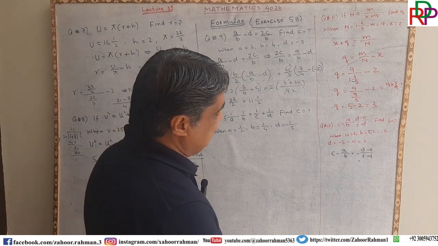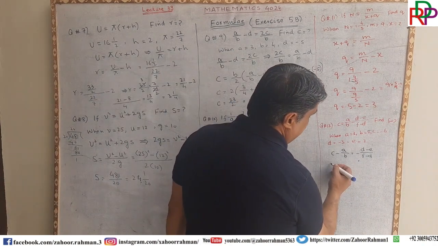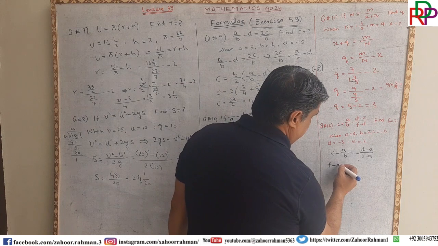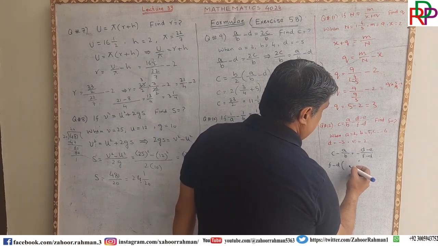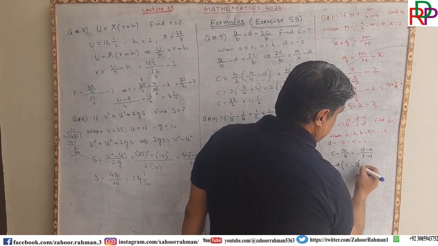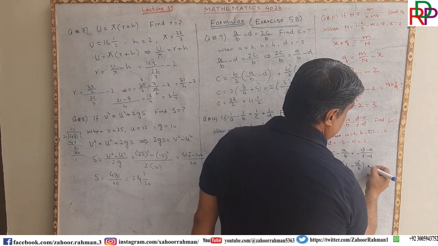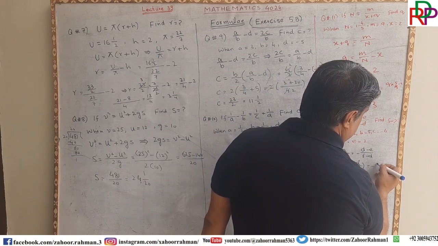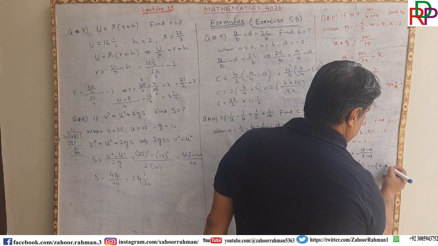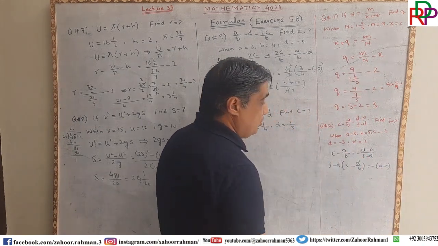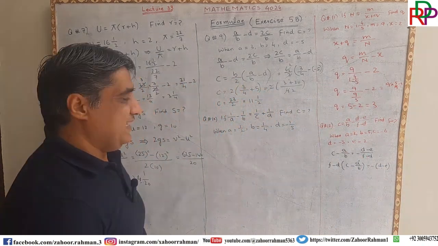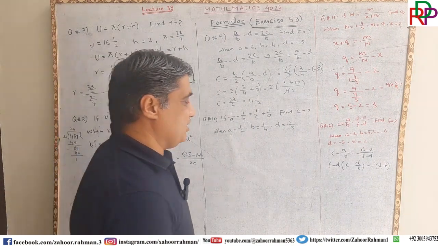So it means that I have to write F minus D into C minus A divided by B is equal to minus D minus E. I brought only this to this side and it will be multiplication.